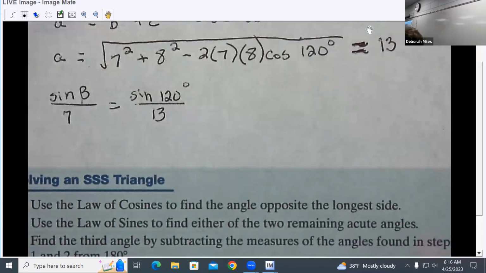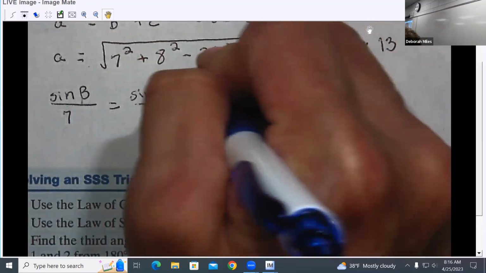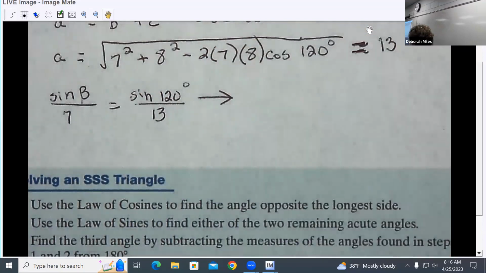And when you multiply both sides by 7, actually, I'm just going to go ahead and take 2 steps here. After I multiply both sides by 7, what am I going to have to do to solve for B? Inverse sine.